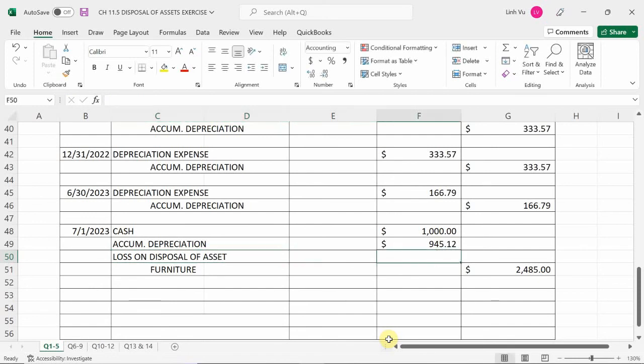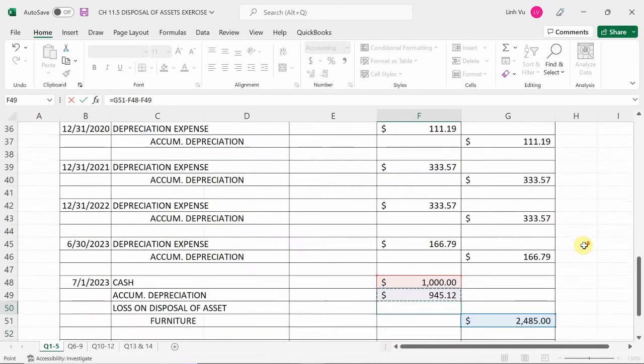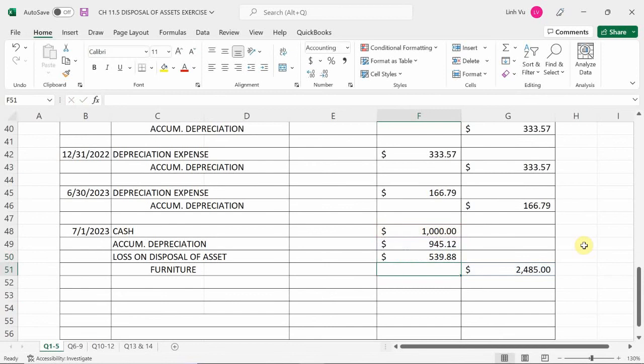How much money did I lose? $539.88. Yep, that's how much you lost.